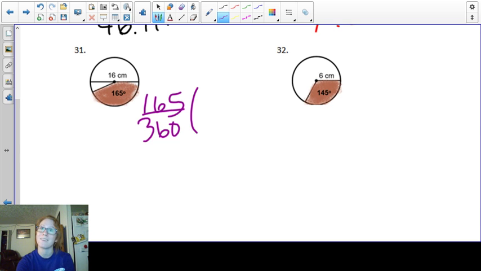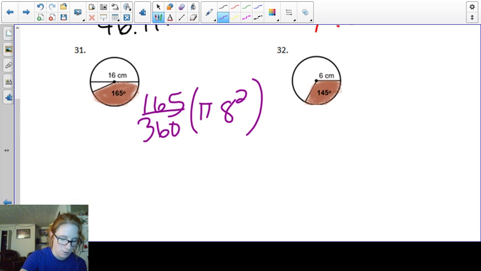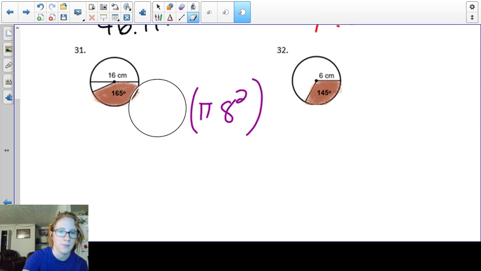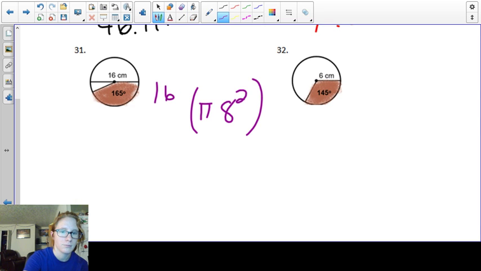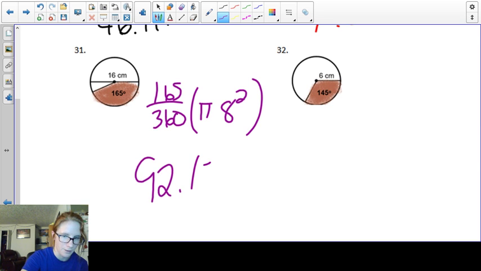This one's giving me the diameter, so my radius would be 8. So pi 8 squared, not 16, which gives me, oops. What did I do? I erased too much. Hold on, let me fix it. Go back to the regular size. So when I multiply that whole caboodle out, I get 92.15 centimeters squared.